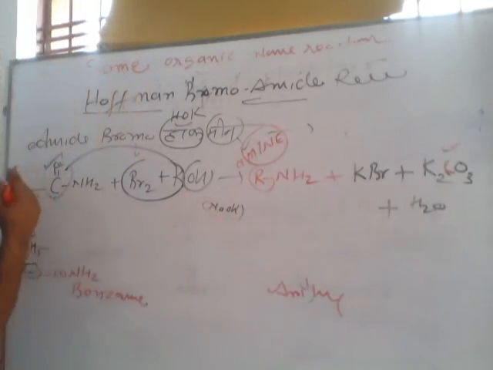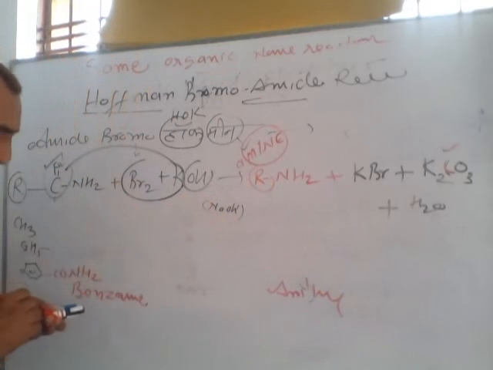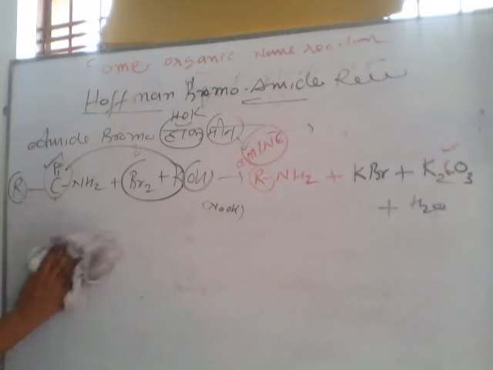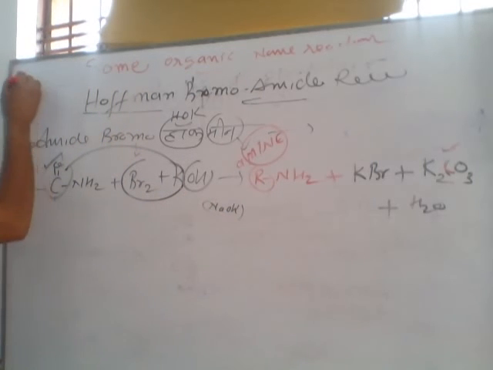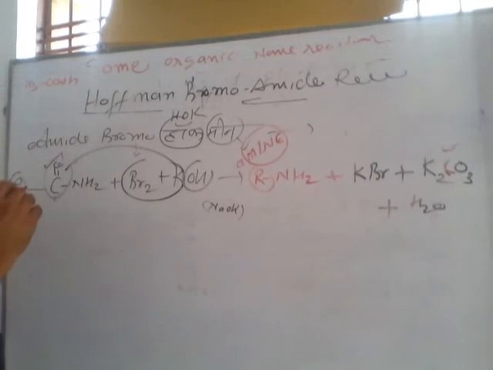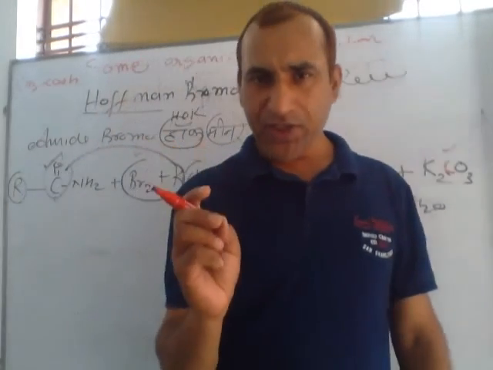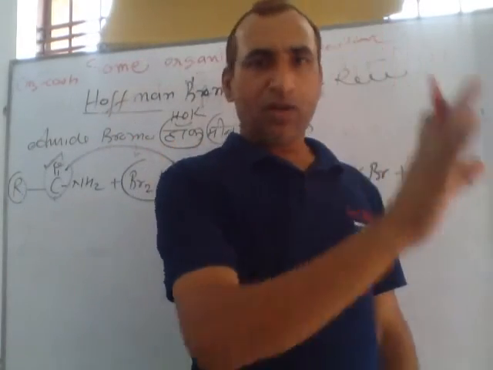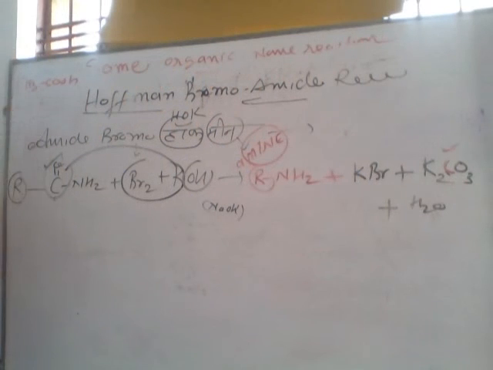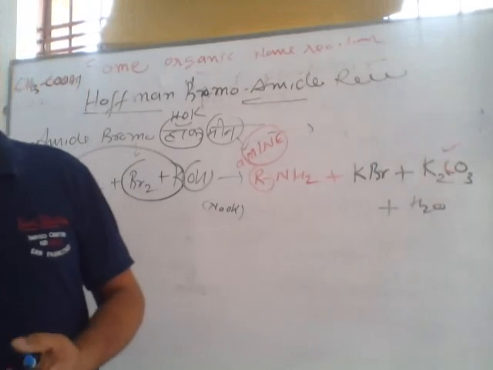Descending the series means, in the exam, if they ask how you can convert acetic acid, CH3COOH, to methylamine: in acetic acid there are 2 carbons.